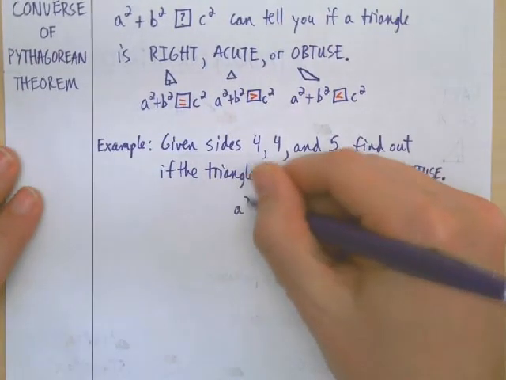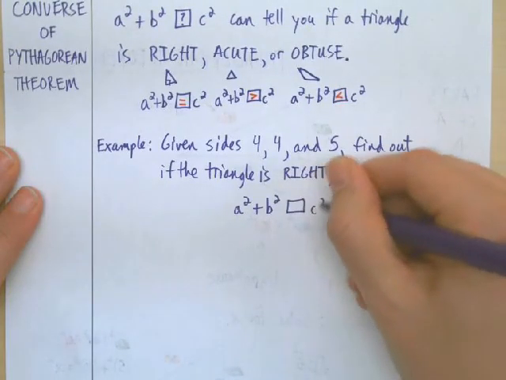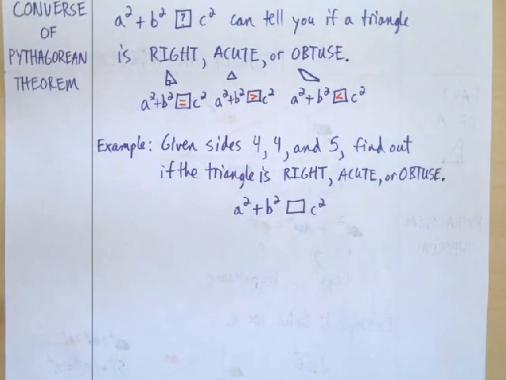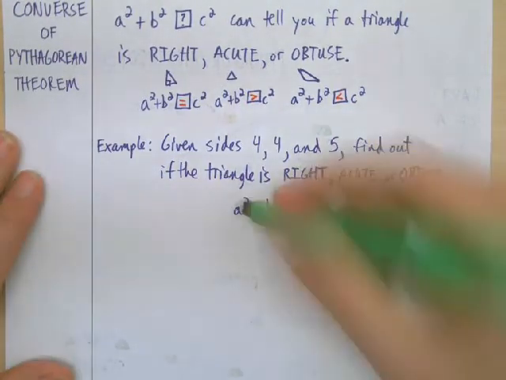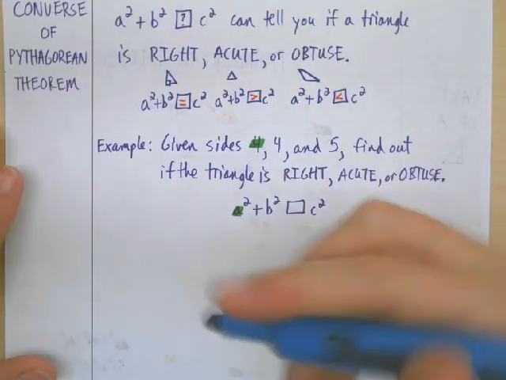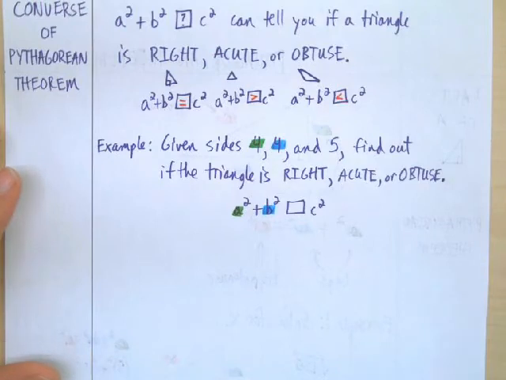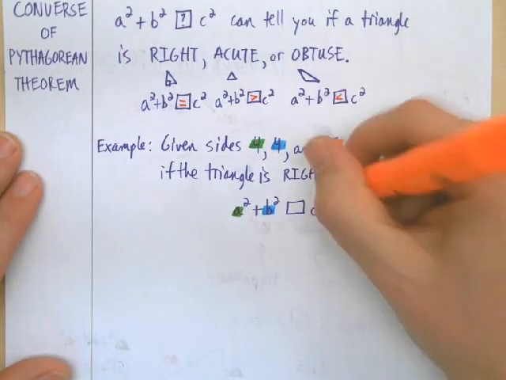First thing I'm going to do is set up the converse of the Pythagorean theorem. 4 is going to serve as A. The other 4 is going to serve as B. And 5 is going to serve as C.